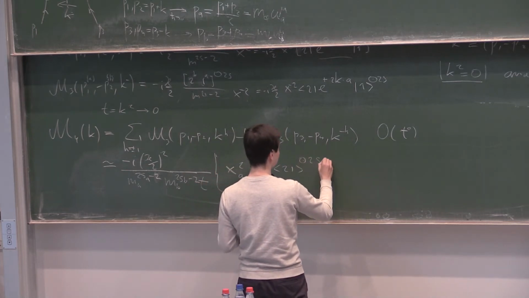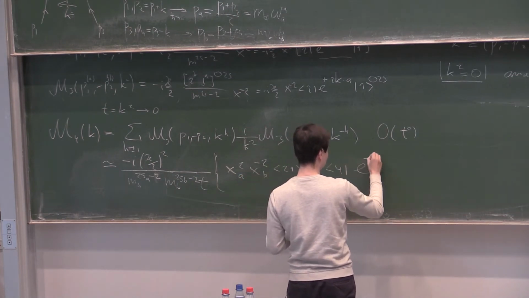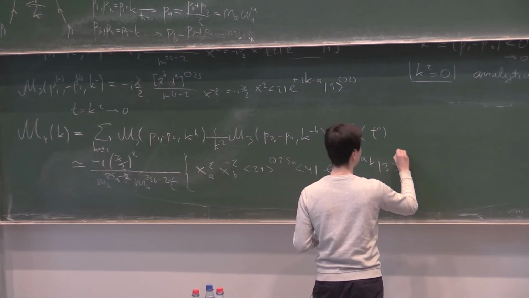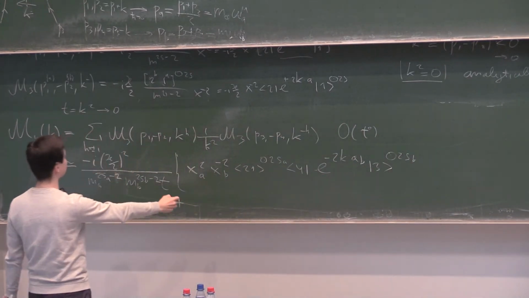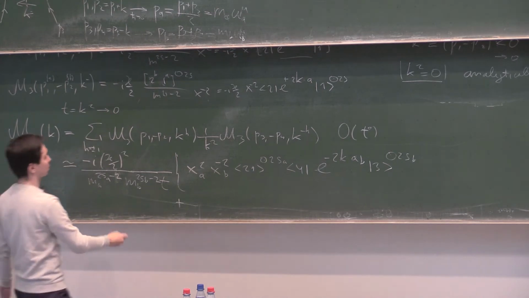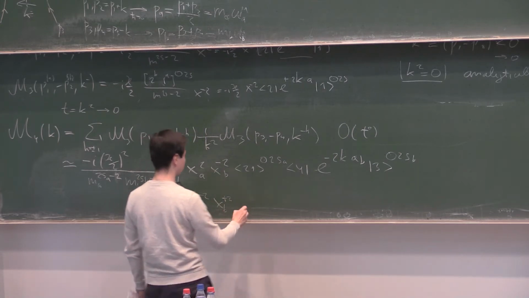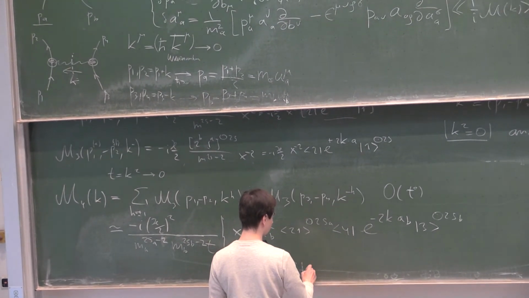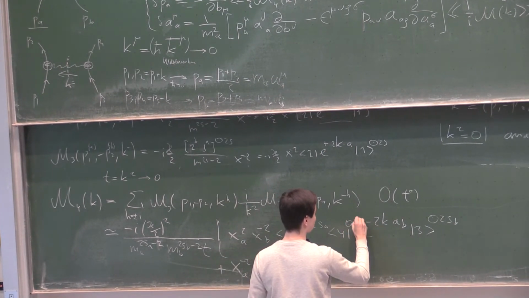So let me first write it in the fully chiral basis. So this came from the helicity plus. Let me do the helicity minus as well. The helicity of k, and so minus k has the opposite. I'm still doing everything in the chiral basis.